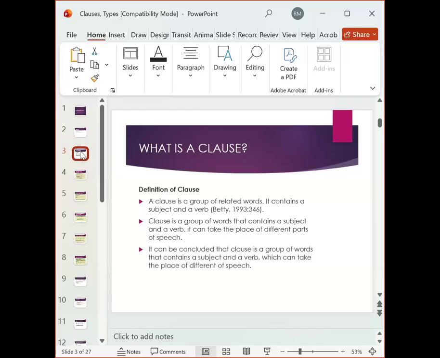So though we are building on the units, they perform similar functions, okay? Of course, they are expressed differently. For instance, a word will be a single word. A phrase may be two or more, and a clause will be two or more, but with a finite verb. So they are able to perform the same function as the individual major word classes.